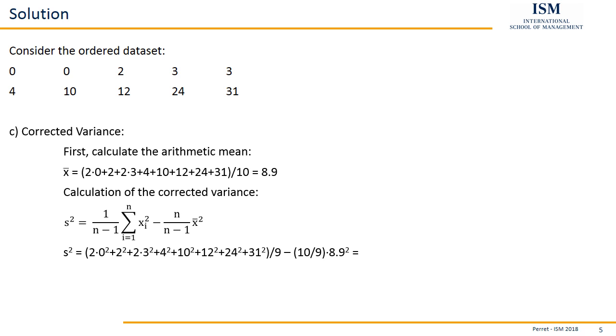So we just add up the squared values, divide them by 9, minus 10 divided by 9 times the arithmetic mean as calculated before, the 8.9, to the power of 2. If we calculate all of this, we get as a result 114.1, which is our corrected variance.